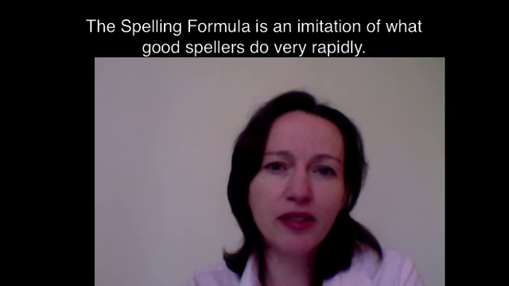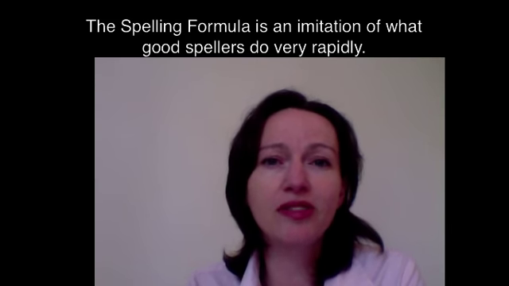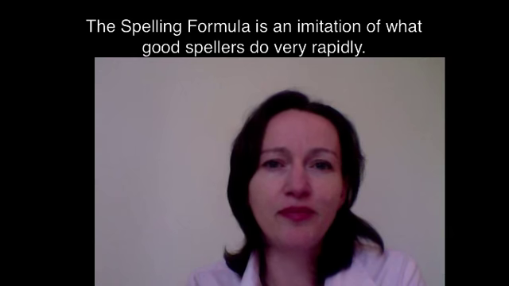There's a special note here, and that is that this seems like a fairly laborious process, but what it is an imitation of what we do very rapidly as good spellers. What we're doing is we're helping people to internalize this formula, because this is what good spellers do. This is the kind of self-checking that they do in order to spell the words they need to spell.